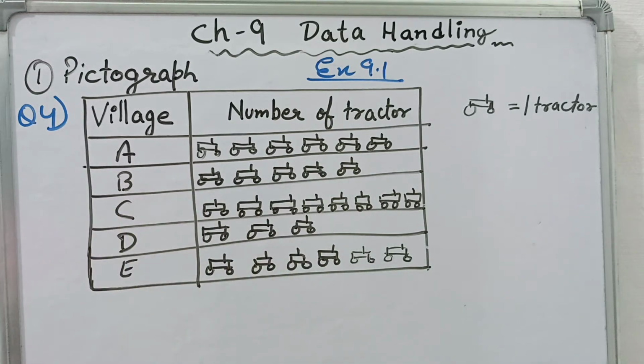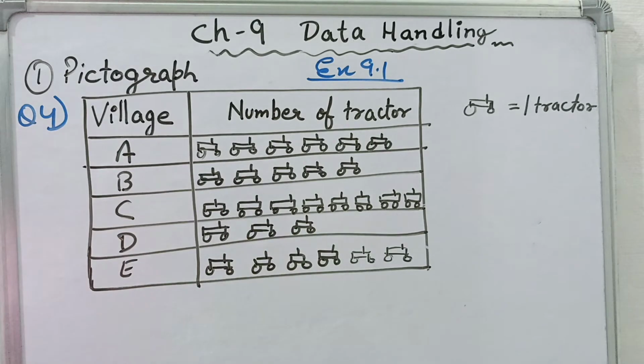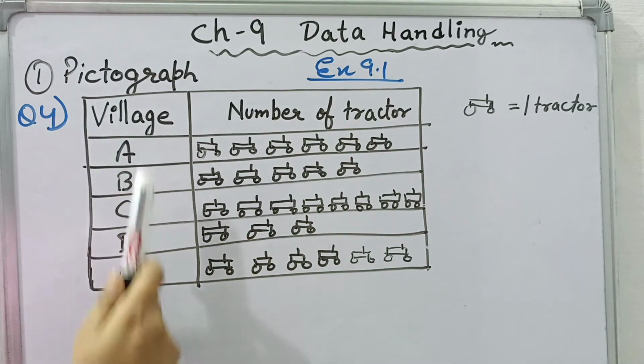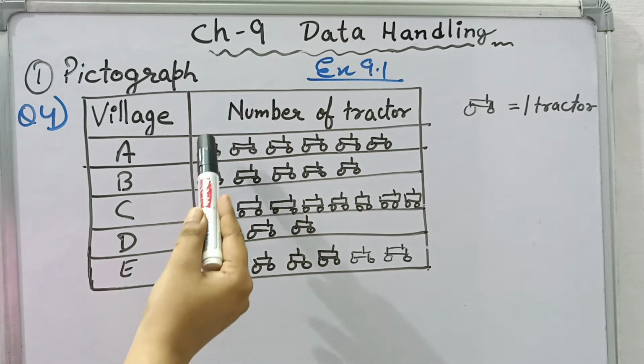Now, read the question. It is saying the following pictograph shows the number of tractors in 5 villages. So that means this is a pictograph in which these pictures are pictures of tractors for every village. So in a pictograph we represent our data in the form of pictures.